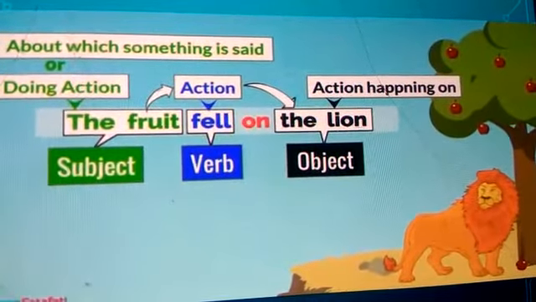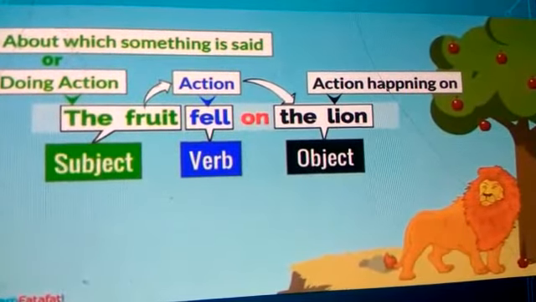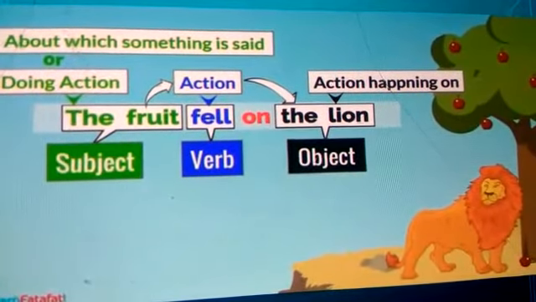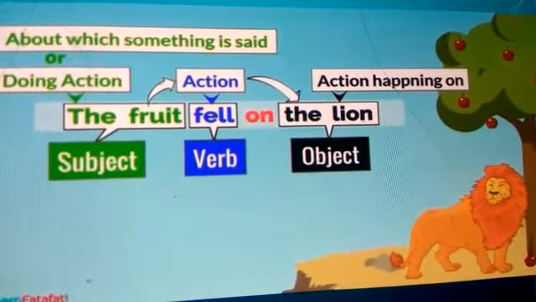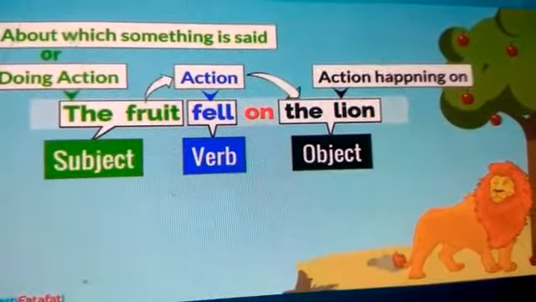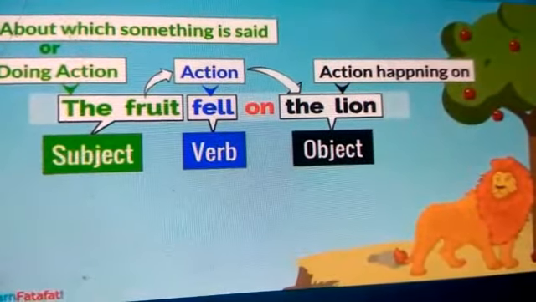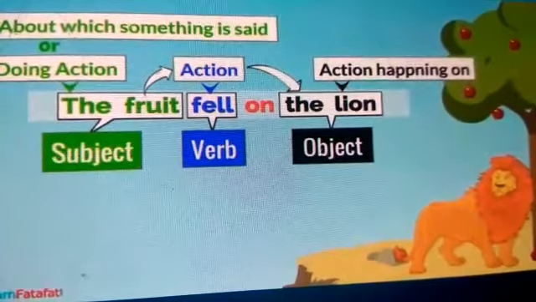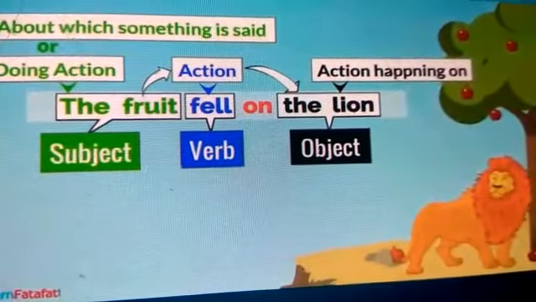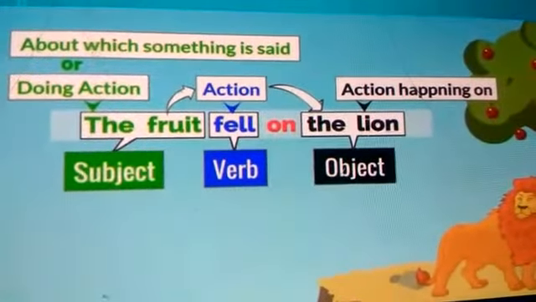Action happening on the line. So it will be the object. Remember, subject is the doer of action or about which something is said. First of all, you will have to find the verb, then check who is performing the action, and then check who is receiving the action.